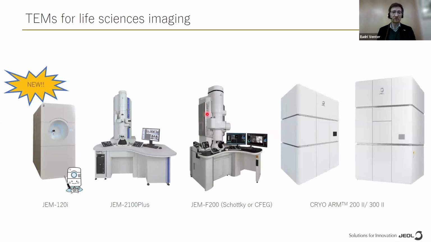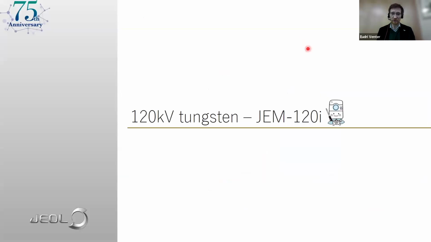Then we have the 200 kV field emission system, the JEM-F200, which comes in two forms of field emission gun, either a Schottky or a cold FEG system. And on the right-hand side, we have the high-end cryo systems, the 200 kV and the 300 kV CRYO ARM. Now, specifically, we want to focus on the 120i.